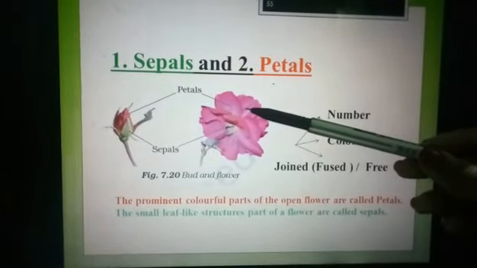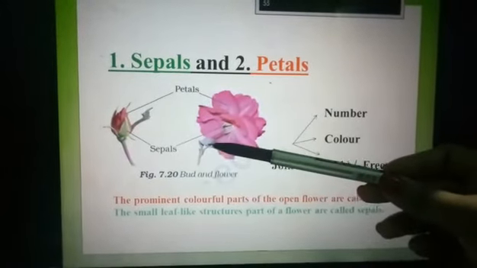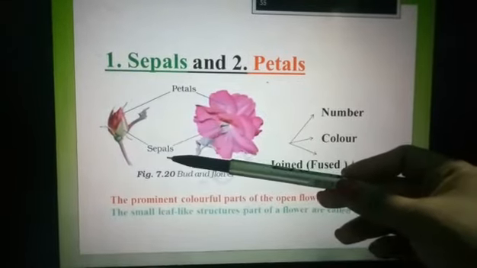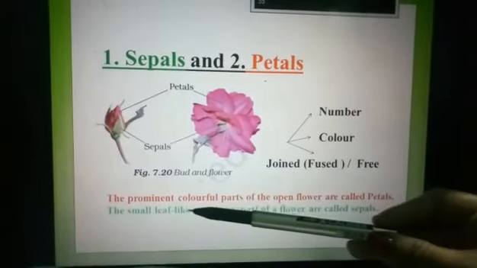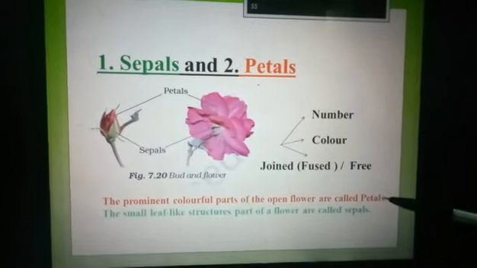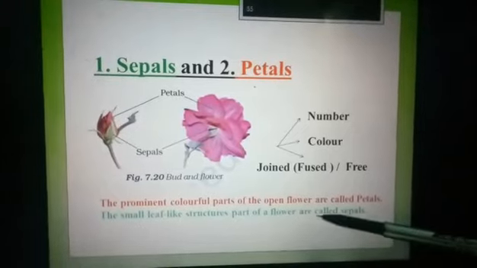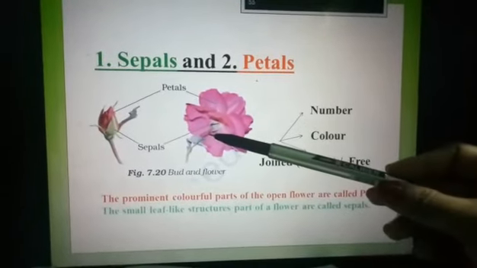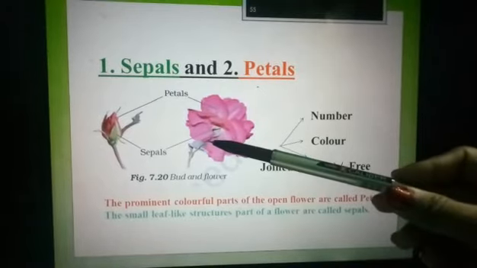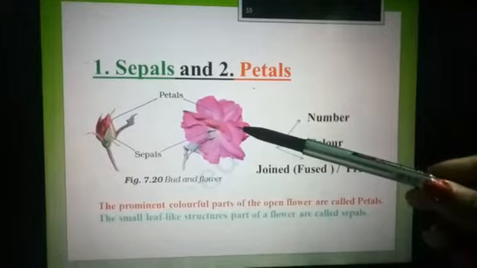All these showy parts are called petals, and here this green part is known as the sepal. Look at the definition: the prominent colorful parts of an open flower are called petals. The small leaf-like structures that are part of a flower are called sepals. Sepal color is green for all plants, for all flowers, right? And the color of petals varies from flower to flower.